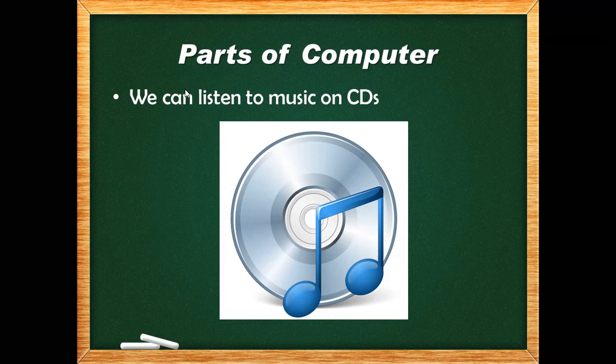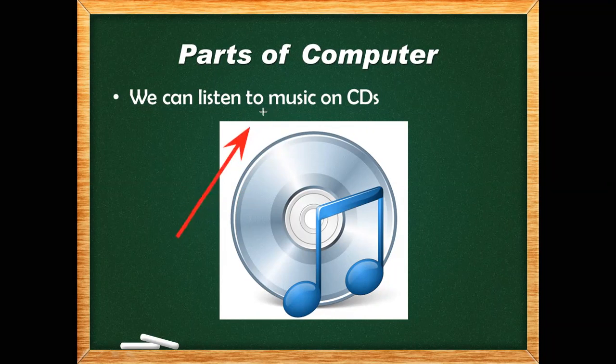Okay, so with the help of CD, we can listen to music on CDs. If you bring the musical CD, the CD of songs, you can listen to the music from the CD.